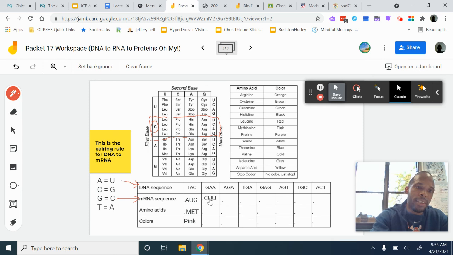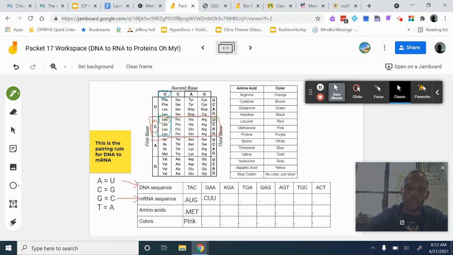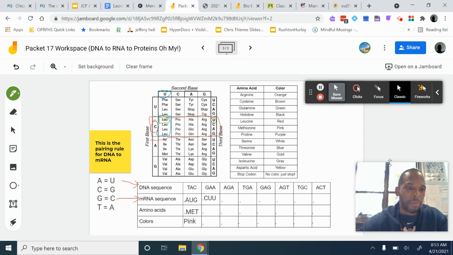Second base is U. We know for sure it's going to be down here. And then lastly, we got a U, third base, which would be another U. So that's LEU. So I'm going to get my LEU in there.